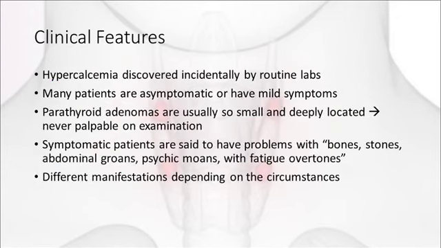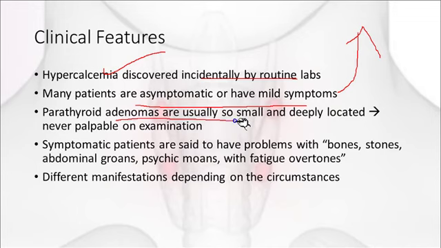Now, the clinical features of hyperparathyroidism. One thing that is often discovered is hypercalcemia, discovered incidentally on routine labs. Patients may often be asymptomatic or have very mild symptoms, which is why questioning about these symptoms is extremely important. Parathyroid adenomas are usually so small and deeply located that they are generally not palpable on examination.